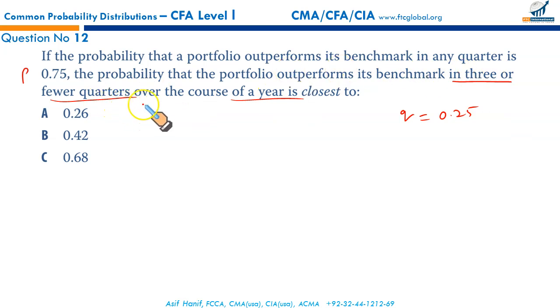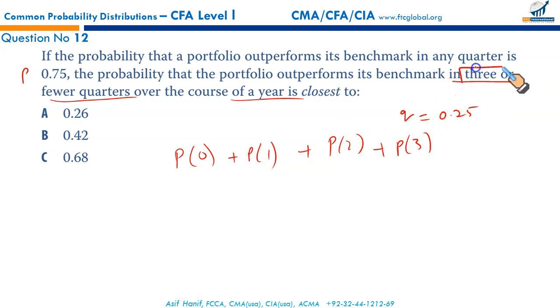So 3 or fewer quarters means out of 4 quarters we need 3, 2, 1 or 0. So it's going to be the sum of 4 probabilities: in none of the quarters our portfolio outperformed, only once in 4 quarters, 2 quarters out of 4, or 3, not 4, because it said 3 or fewer. So what you will do here: 4C0, 0.75 raised to the power 0, q, which is 0.25 raised to the power 4 minus 0, that is 4.